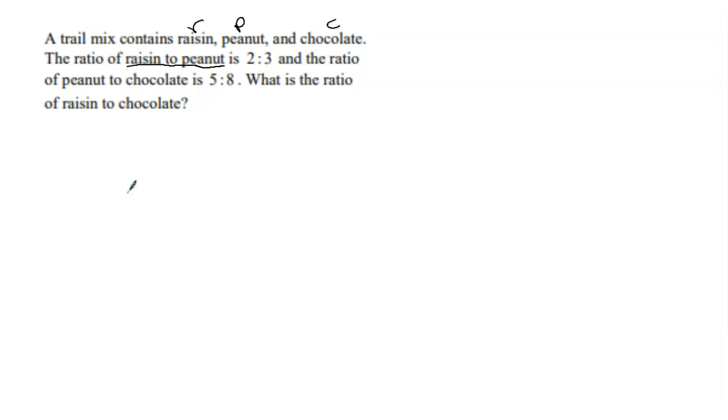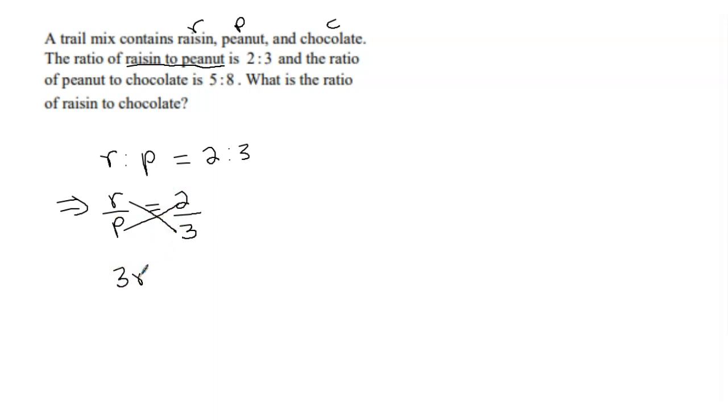You have to know that ratio is the same as division. So here R is to P is 2 is to 3, which is the same as R over P is the same as 2 over 3. You do cross multiplication, and you get 3R is equal to 2P.